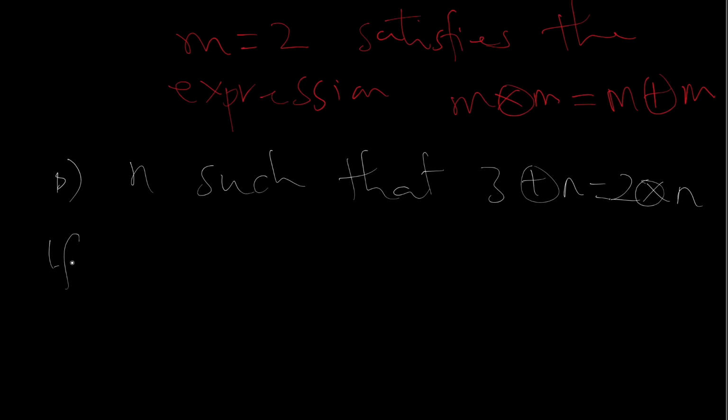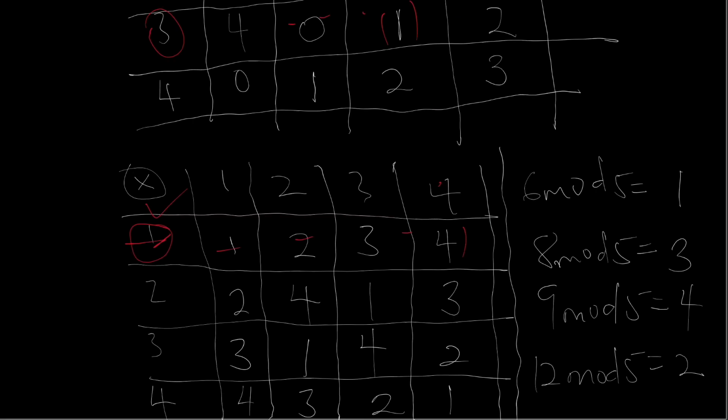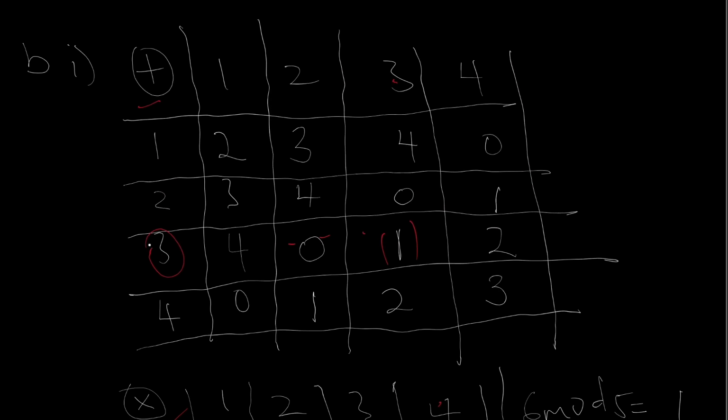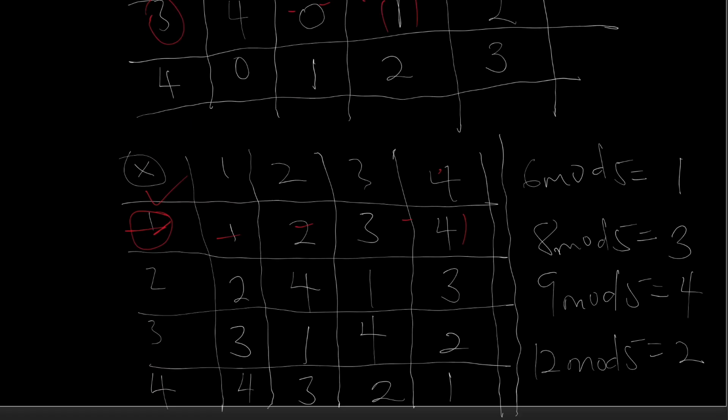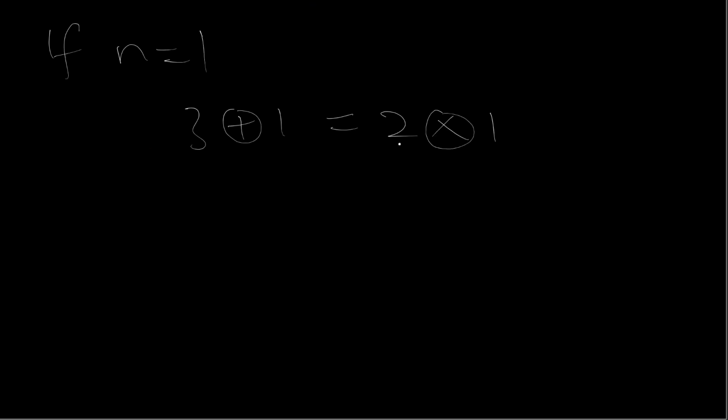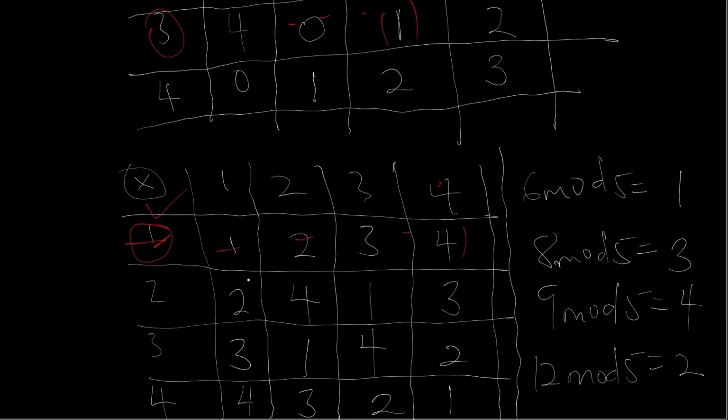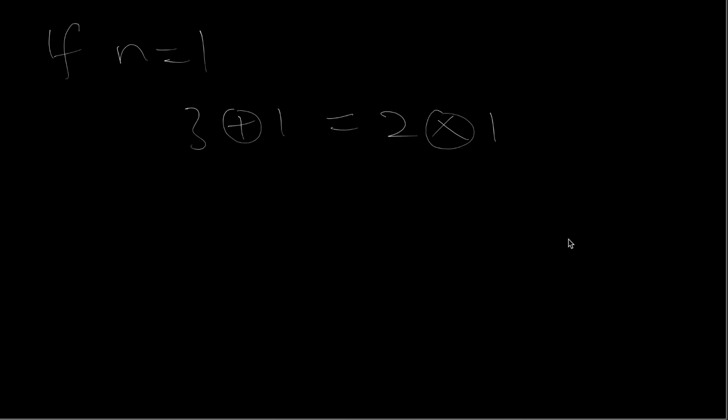So if n is equal to 1, then we are saying that 3 plus 1 should be equal to 2 times 1. So let's check our table. 3 plus 1 is 4. And 2 times 1 is 2. So it means 1 does not satisfy the expression.